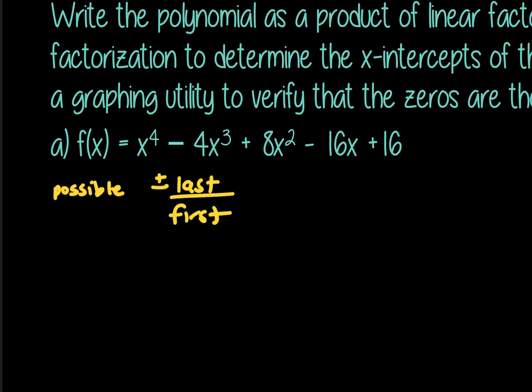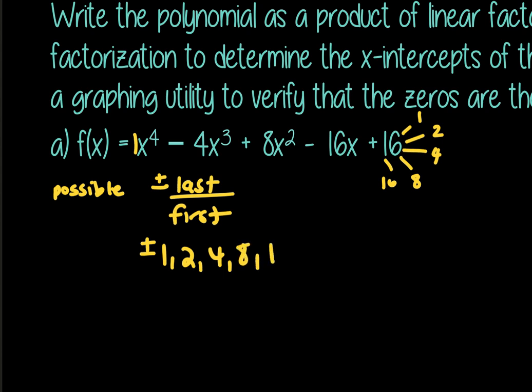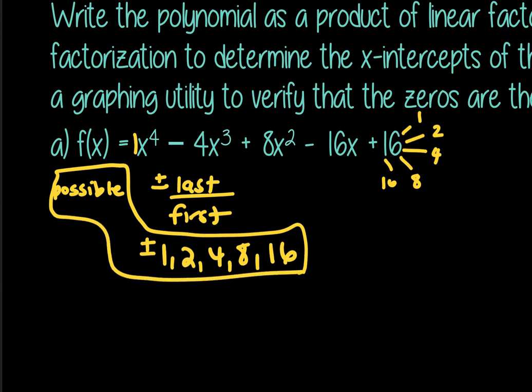What are the factors of 16? 1 and 16. 2 and 8. And then 4 and 4, right? And on the front, it's just a 1. So I put plus and minus 1, 2, 4, 8, 16. That's my possible roots.